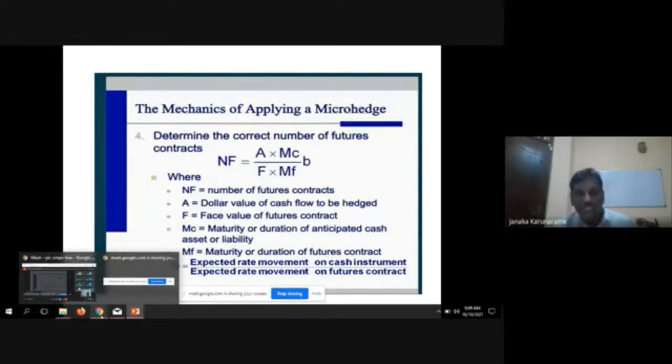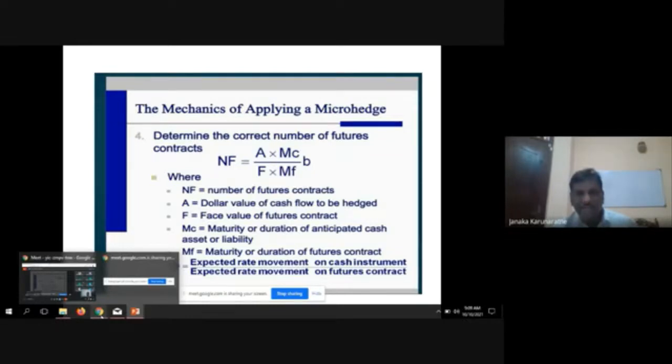F means the futures value of the futures contract, face value. Okay, futures also trade at a price based on a face value. Then MC is the maturity or duration of the anticipated cash asset or liability. Then MF, maturity or duration of the futures contract.